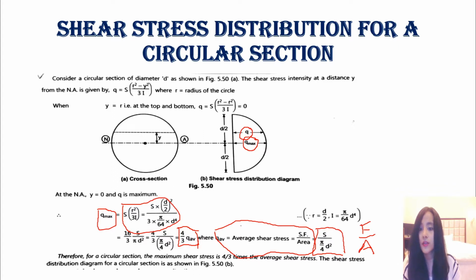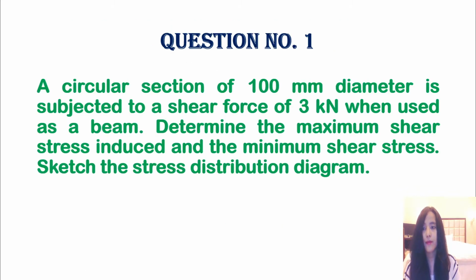Okay, so let us start with the first numerical. The first numerical says a circular section of 100 mm diameter is subjected to a shear force of 3 kN when used as a beam.